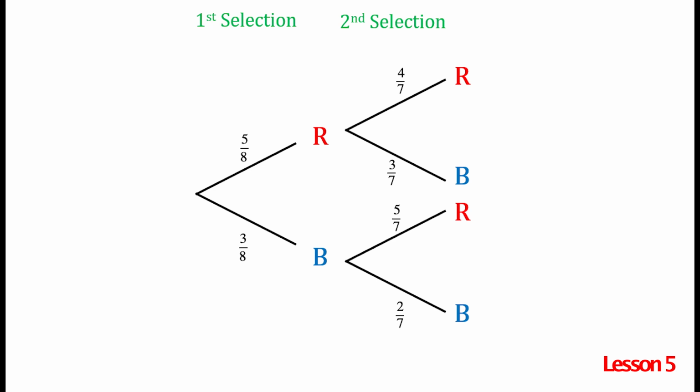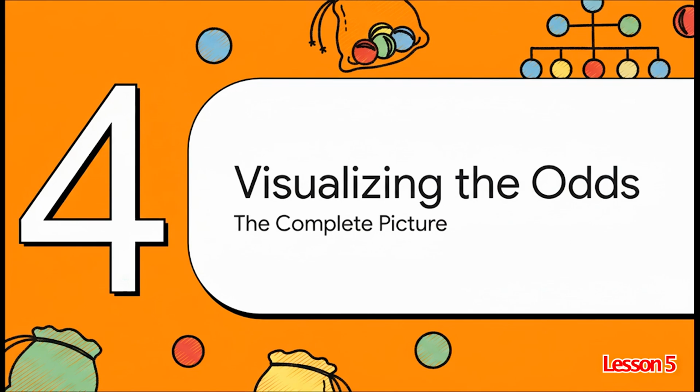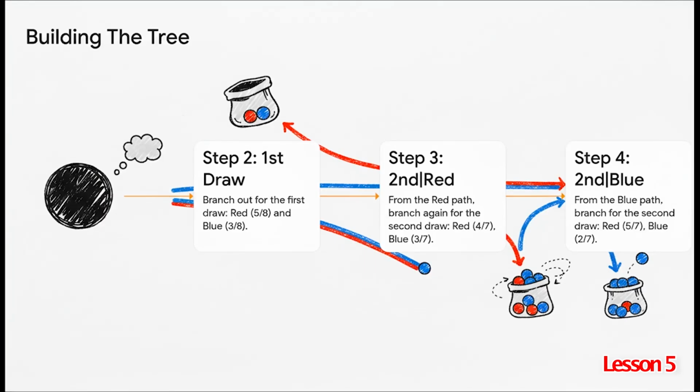So we can see that our probabilities for step 2 change depending on what we picked first. So the odds for the second draw literally change based on what we did the first time. Conditional probability. Okay, so we have our first draw, then we add paths, and then we add on the probabilities for the second draw. That's how we build the tree.